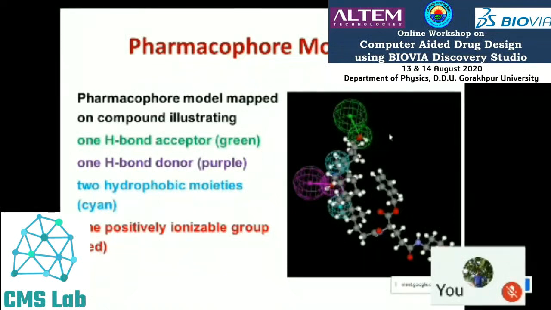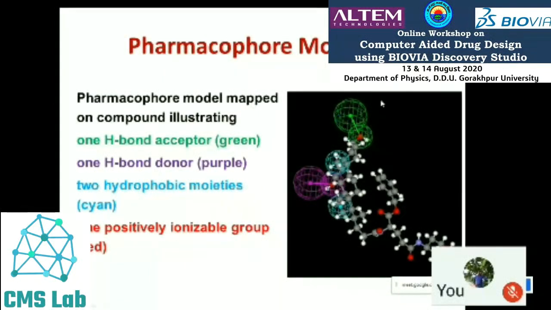Where we don't have the structure of a protein or a target, you go for a known ligand which you know shows some activity experimentally. You use those ligands to develop a pharmacophore, and you can use these pharmacophore features to screen databases in order to identify novel molecules.